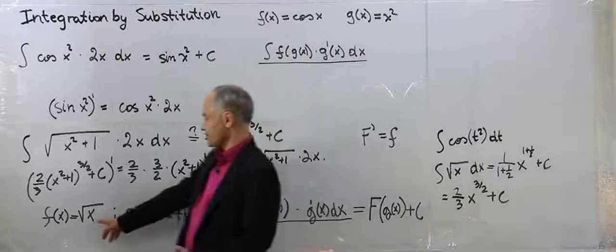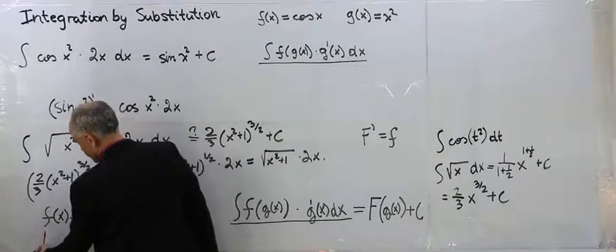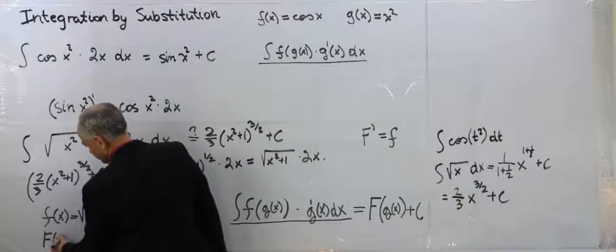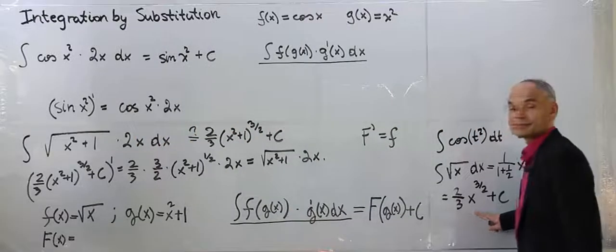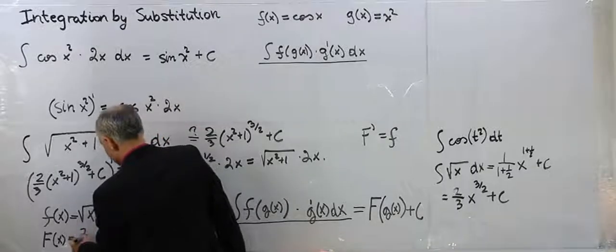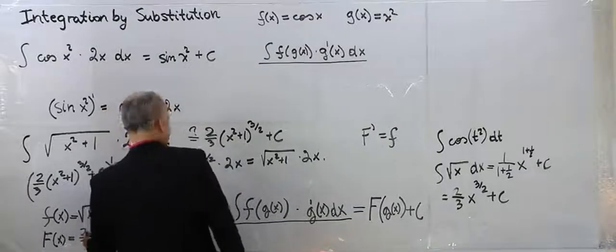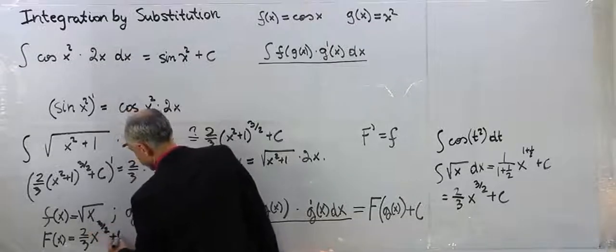Lowercase f is equal to the square root of x, right? So what's an antiderivative of that? I think we did this calculation right here. So uppercase F is 2/3 x to the power 3/2 plus c.